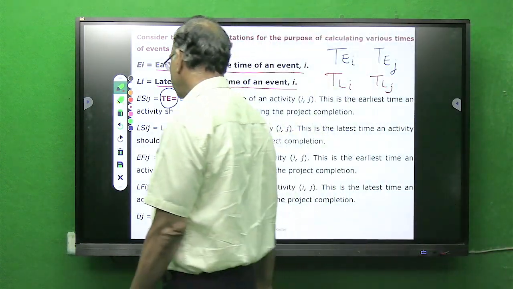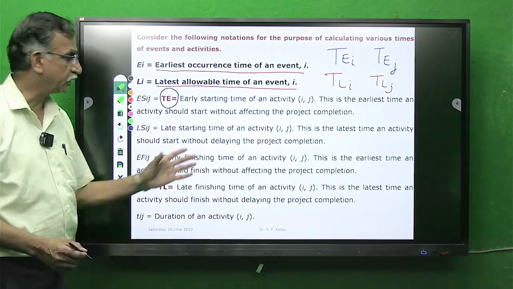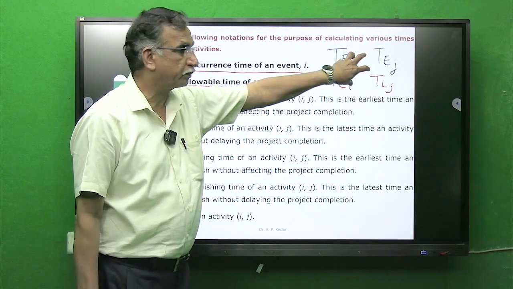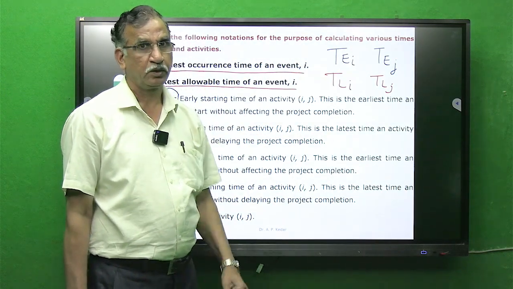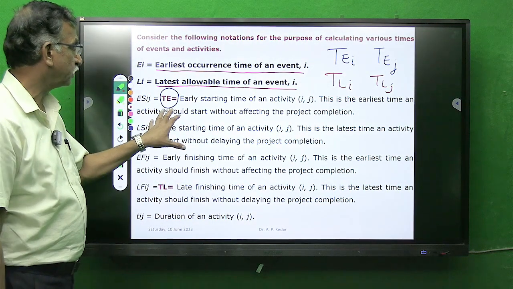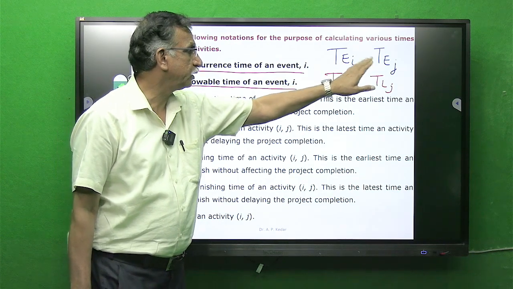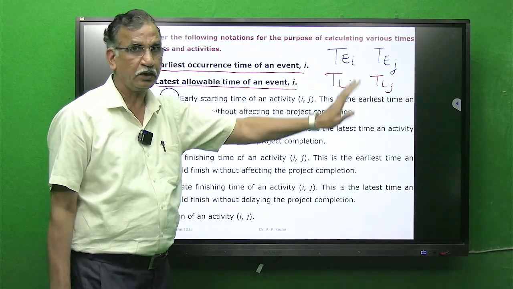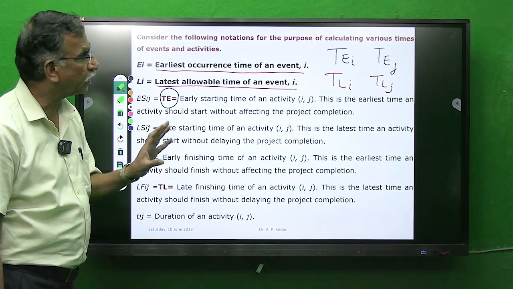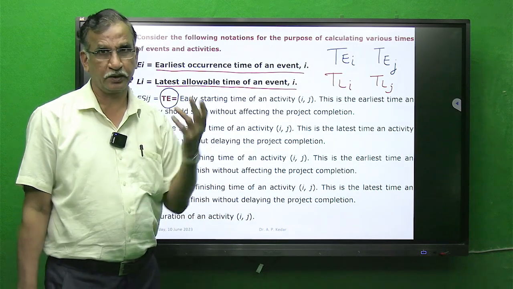With this background, this is the wording I have given for your understanding. I will be elaborating through these variables in case of a real problem. So focus your attention on these variables TEI, TEJ, TLI, TLJ. TE is earliest time, E is earliest, L is latest.